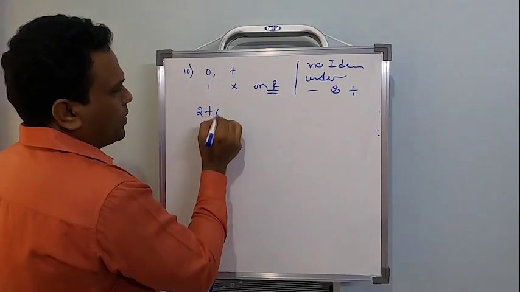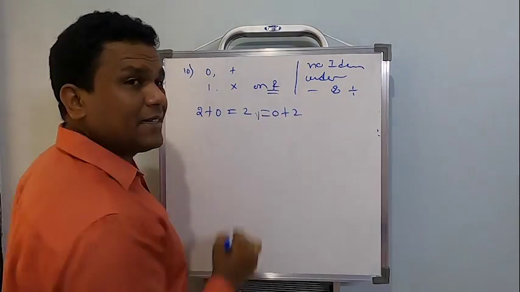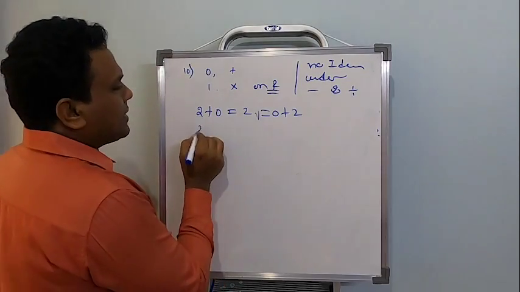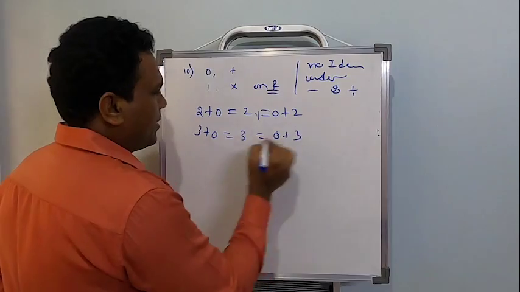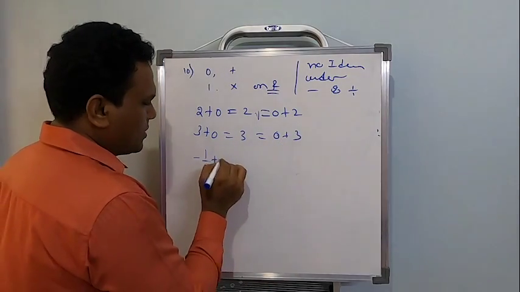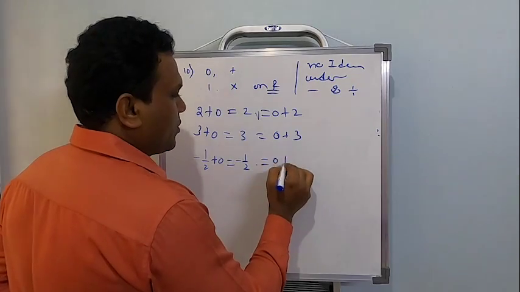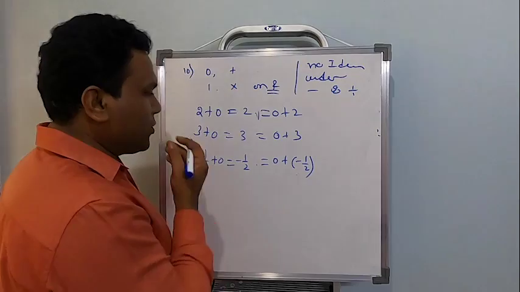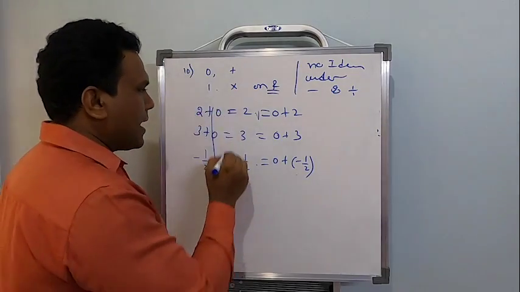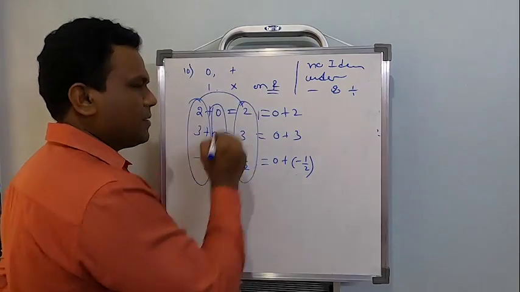For example, 2 plus 0 will be equal to 2, which equals 0 plus 2, identity property, right? The next, 3 plus 0 equal to 3 is equal to 0 plus 3, or minus 1 by 2 plus 0 equal to minus 1 by 2, that will be equal to 0 plus minus 1 by 2. Whenever I add 0 with any real number, I get back the same real number.